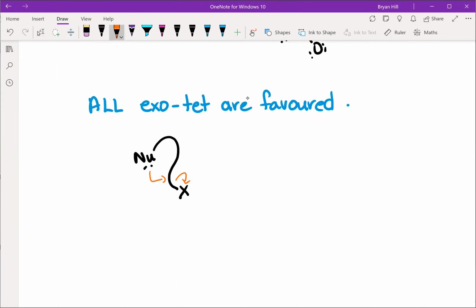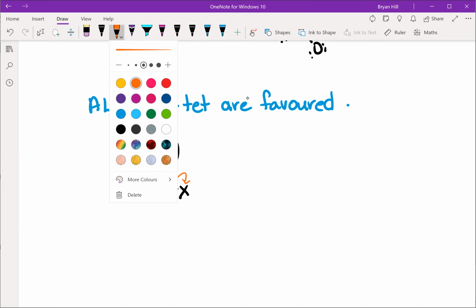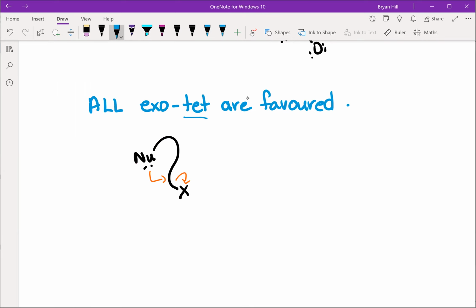So the ring size doesn't matter, and so this is all exo tet.